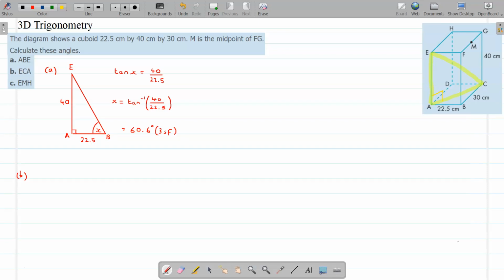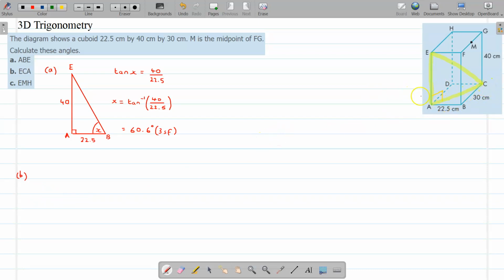But I need to find out what the length AC is first of all. So I'm going to have to do this in 2 stages, and it's best if you set this out fully. Let's consider first of all the triangle on the floor, ABC.